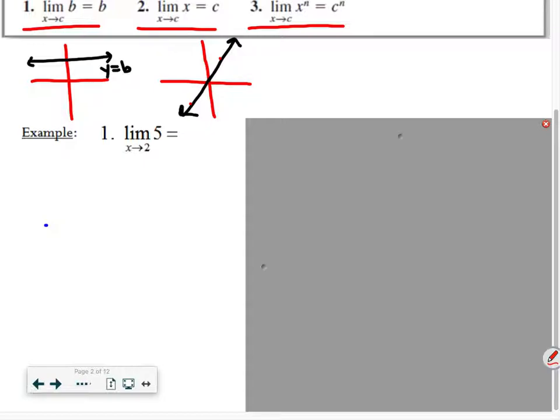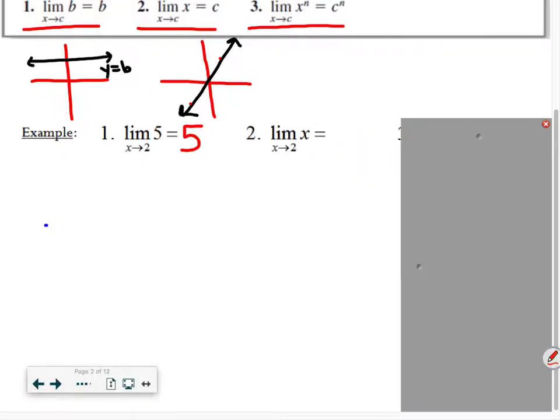Is it okay to be wrong? Yeah. It's okay to be wrong. It's that number that the y value is. So 5 would be that limit. Thank you for being brave.